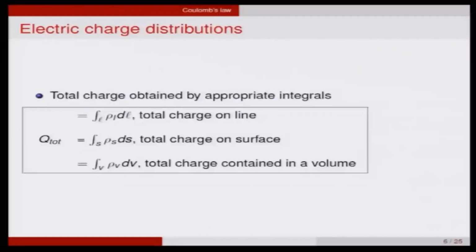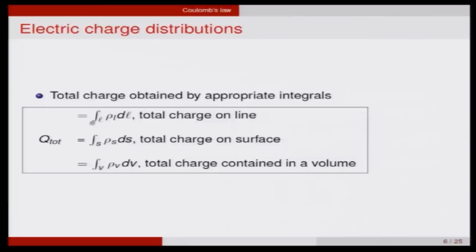So, how do I obtain the total charge? The total charge on a line can be obtained by integrating the line charge density over the line along which the charge is distributed. If you integrate the surface charge density over the surface in which the charge is distributed, this becomes the total charge, which is a surface integral. You can do a volume integral to find the total charge contained inside a volume.